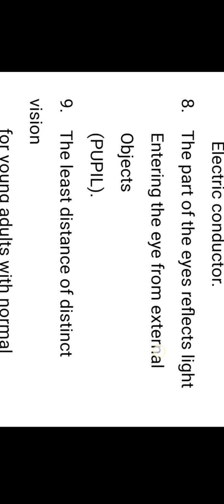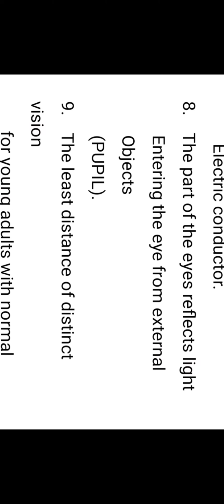The next question: what part of the eye refracts light entering the eye from external objects? A little correction: the right answer is the cornea. First, our eye is protected by the sclerotic layer, which protects the important parts inside our eye.